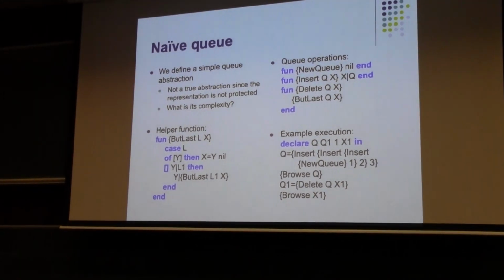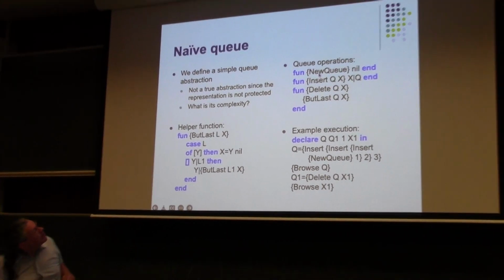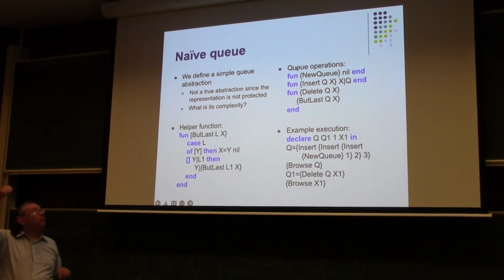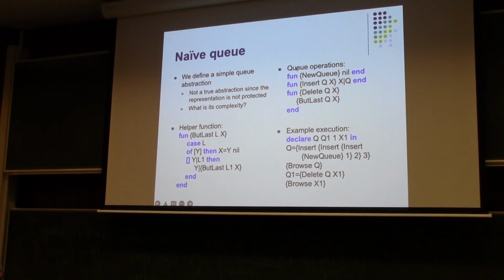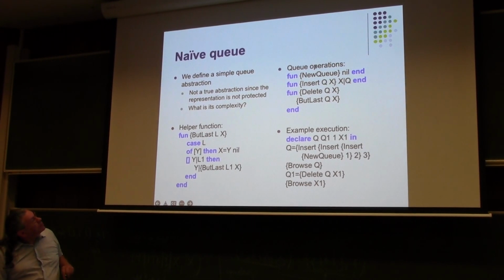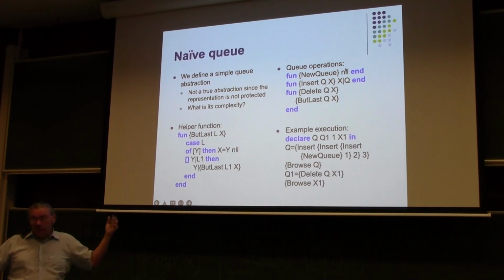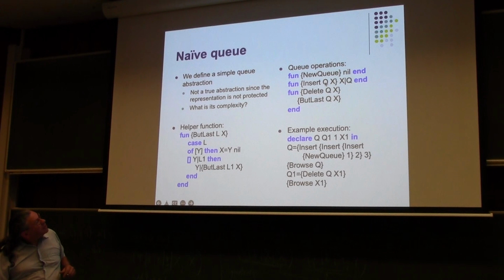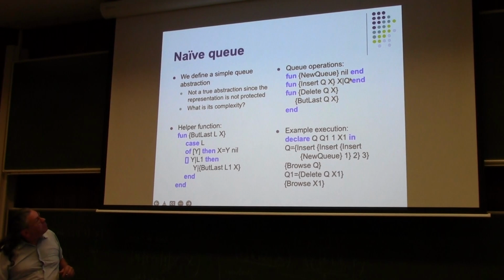And now my queue is very simple. So here's my queue. I'm going to implement 3 operations: new queue, insert, and delete. New queue returns an empty queue. So that's nil, it's just a list. Insert will insert x into a queue. So that returns the queue x bar q.